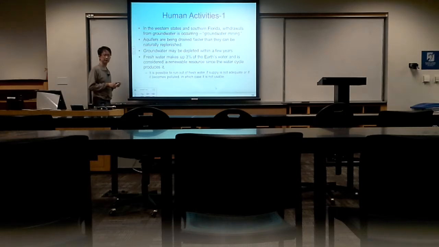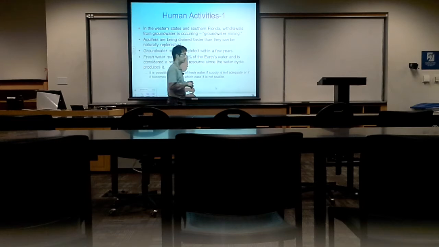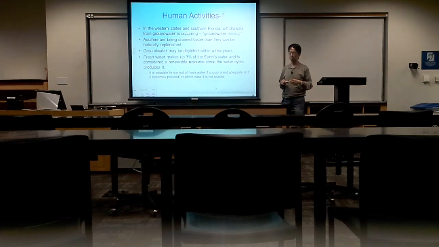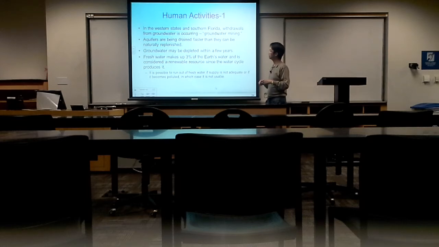Florida is a good example. We human beings enjoy destroying our Earth. One of the ways to destroy our Earth is that in Florida, they like to do something called groundwater mining. They just keep collecting groundwater from the aquifers.